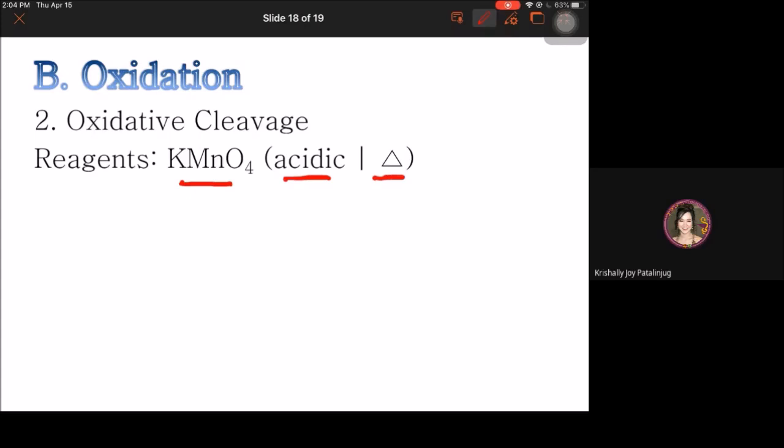The delta in the reaction specifically symbolizes heat. So it is the exact opposite. If you see potassium permanganate in the reaction, in an acidic medium, let's say sulfuric acid, which is usually used as the acid catalyst, then heat is applied to the reaction, that is oxidative cleavage.